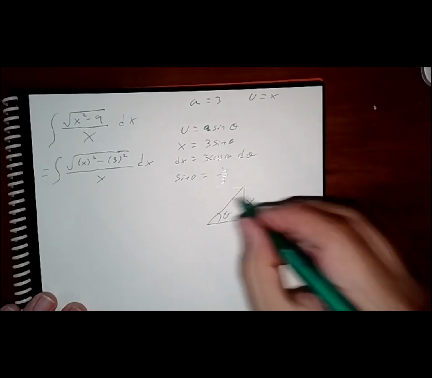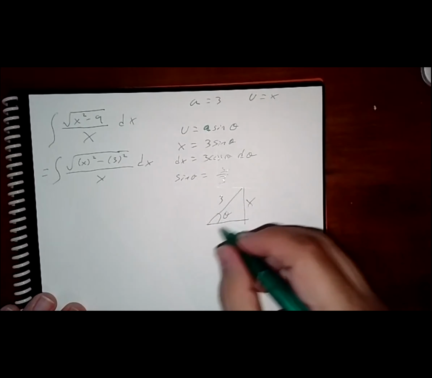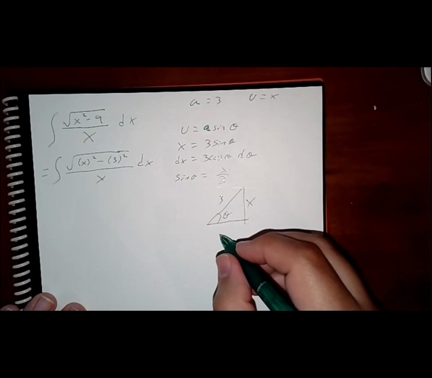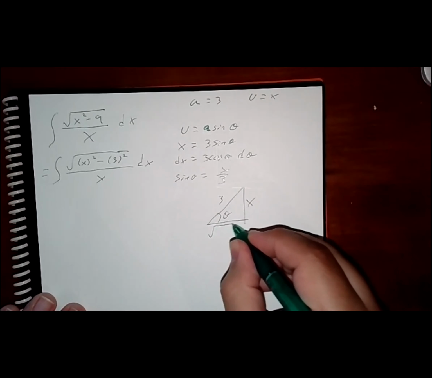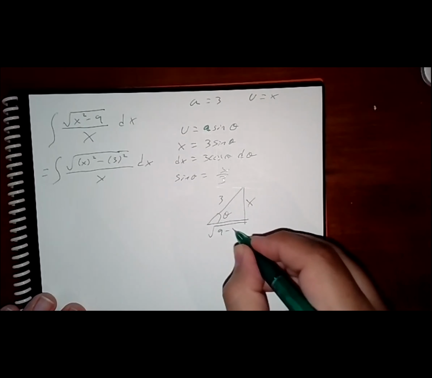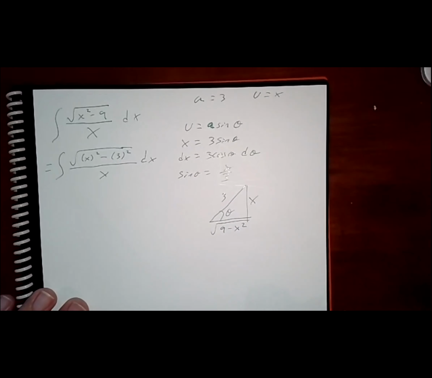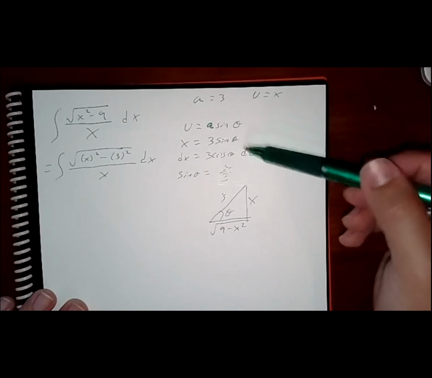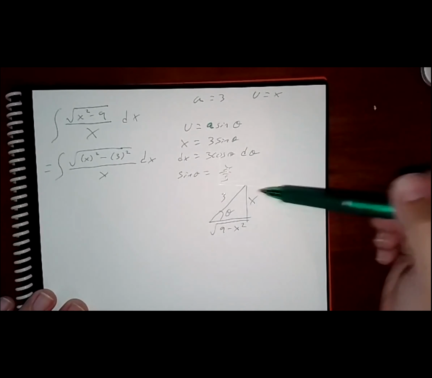Opposite, hypotenuse. The Pythagorean theorem will give us the square root of 9 minus x squared. So we're going to need all this information to first use this to sub and integrate, and then use this to come back to x.